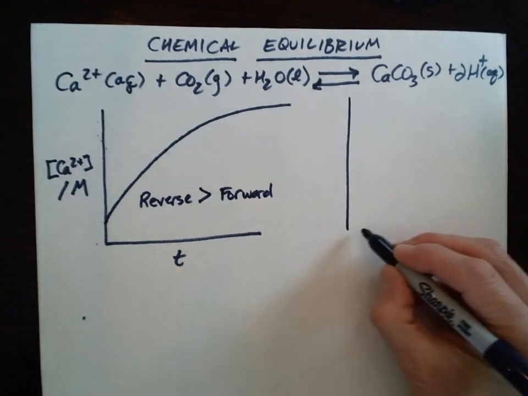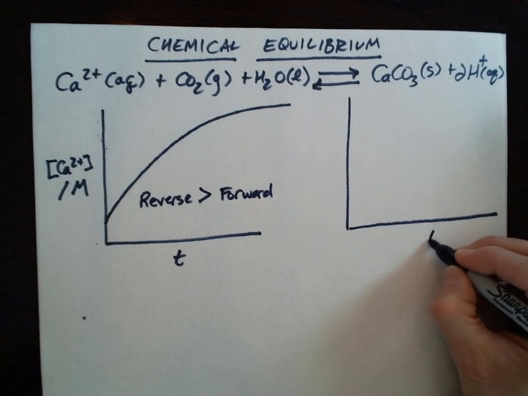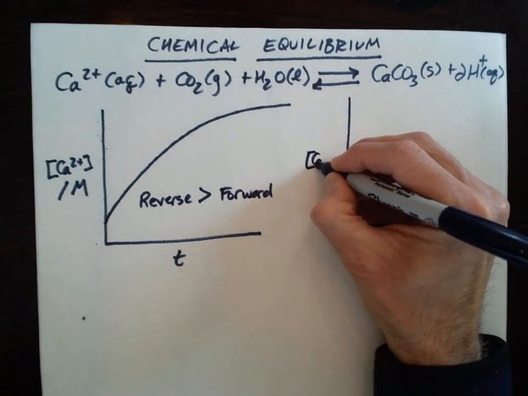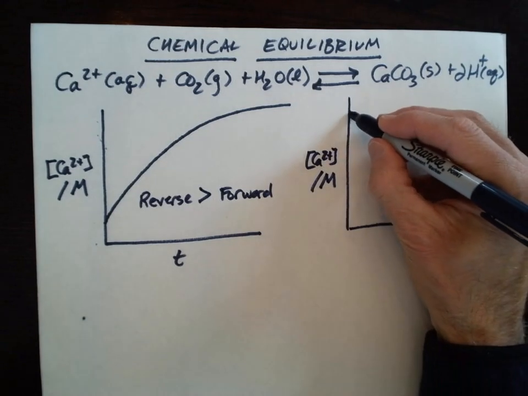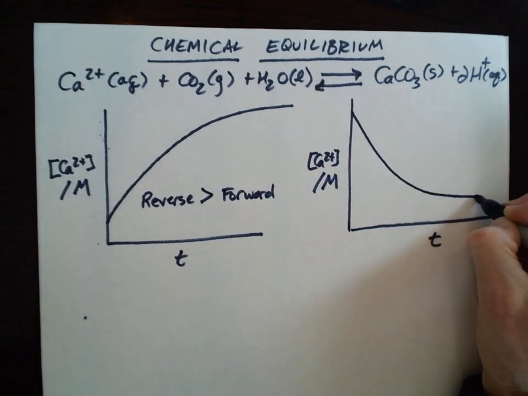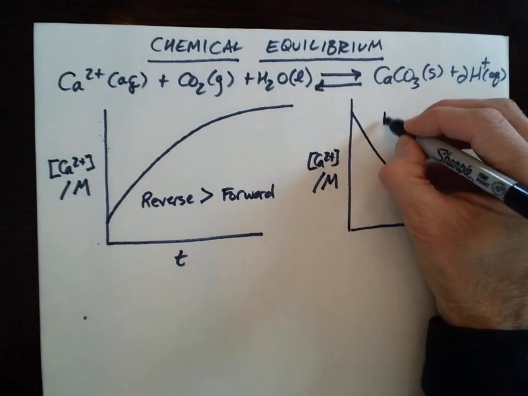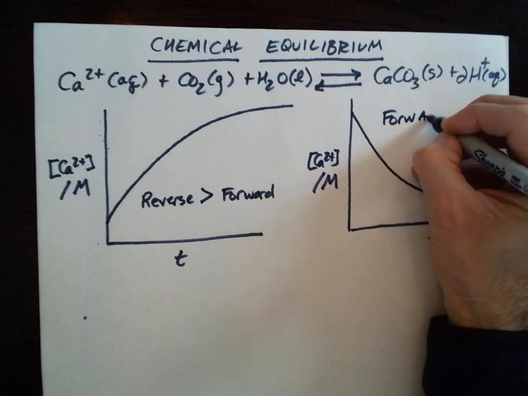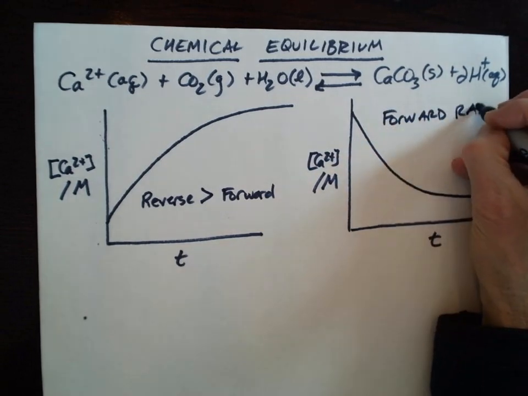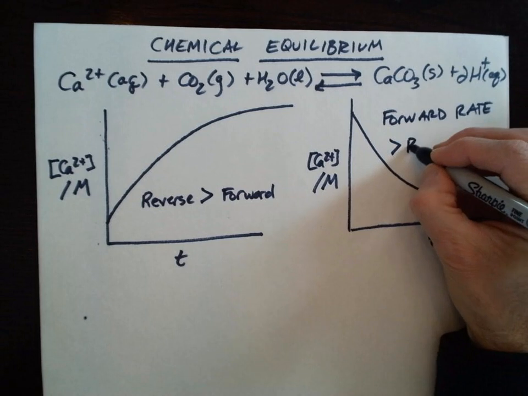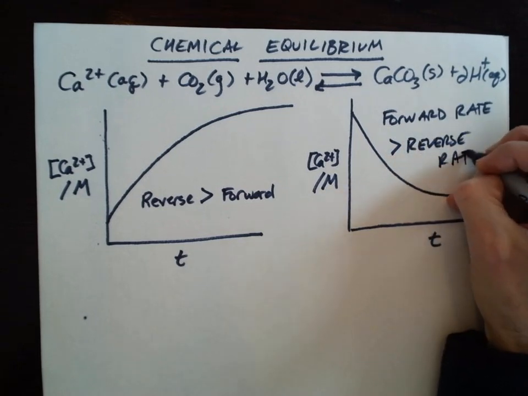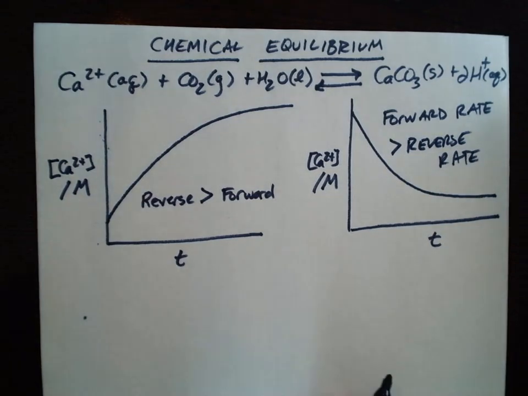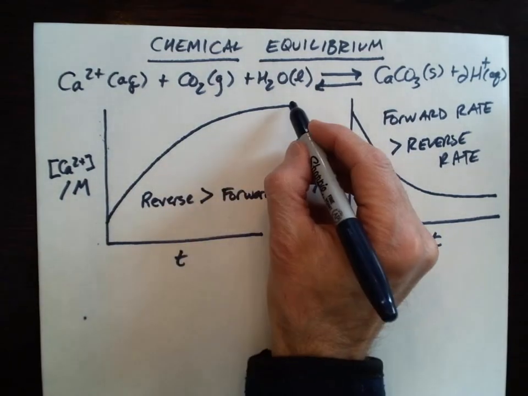And of course, the opposite could potentially happen depending on how we set up the conditions. If we were monitoring the calcium ion concentration with time and we saw this, we would know that in this case, the forward rate of the reaction would be greater than the reverse rate. But in each case, we would see this effect, of course, as the reaction proceeds.